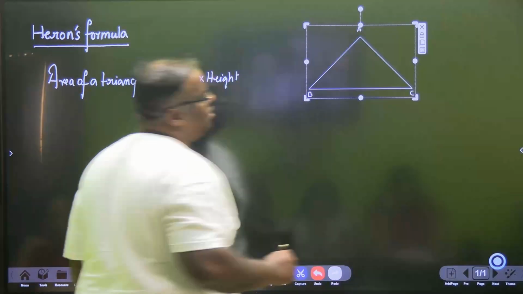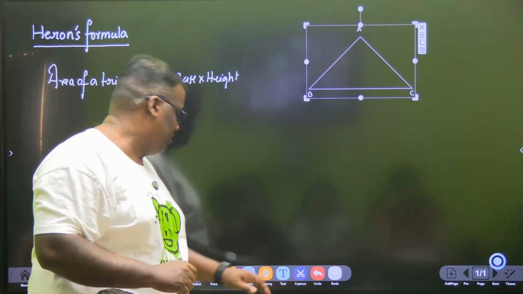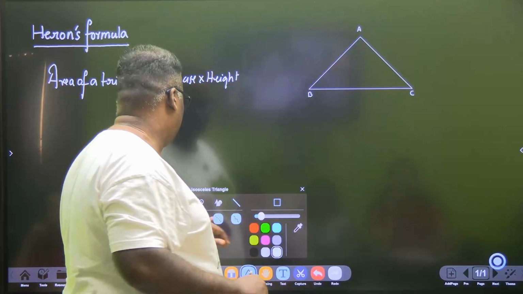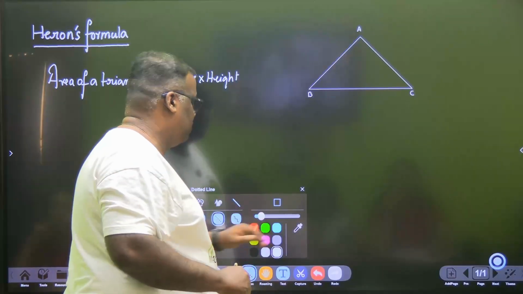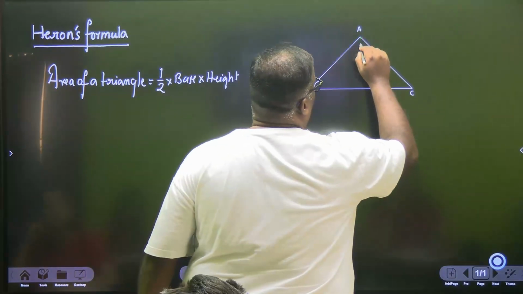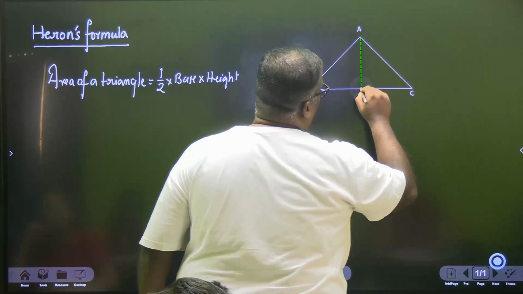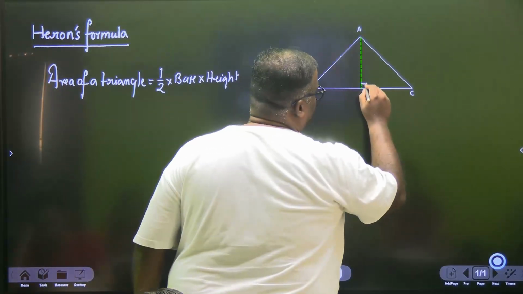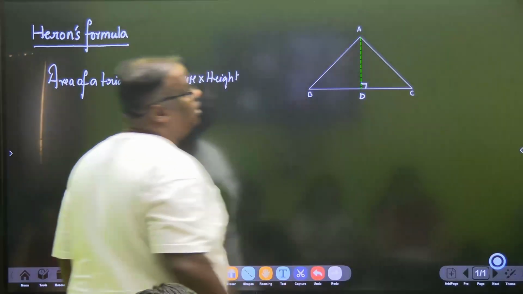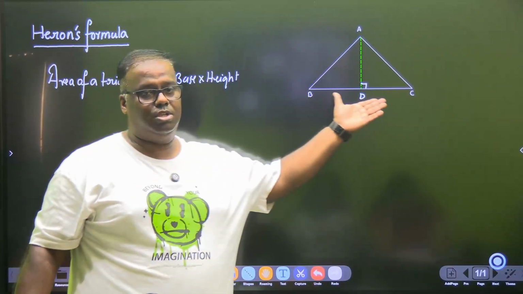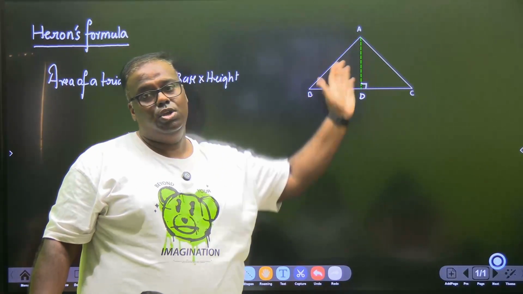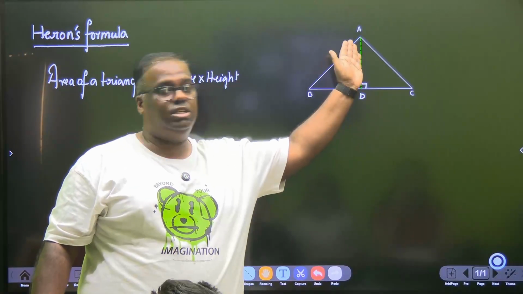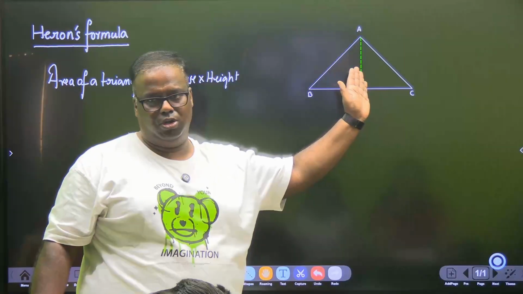Now, in all the problems you have done so far, the height is given to you, and the height is a perpendicular. The height is always a perpendicular. Let's say this is D, and the perpendicular always drops from the vertex opposite to your base. आपका जो base है उसके opposite का जो vertex है वहां से perpendicular drop करता है.